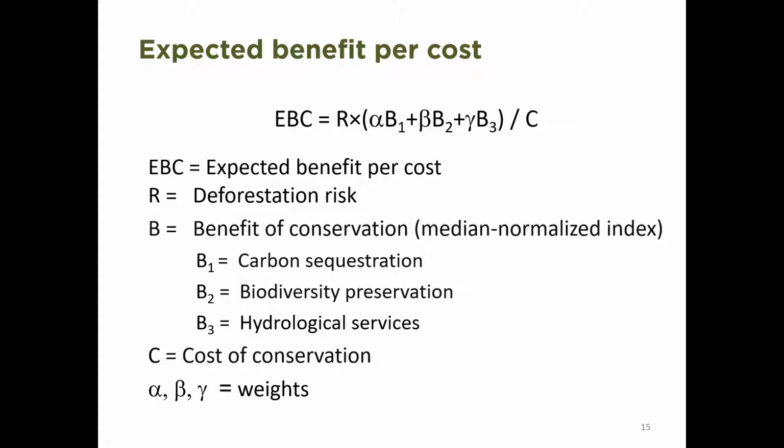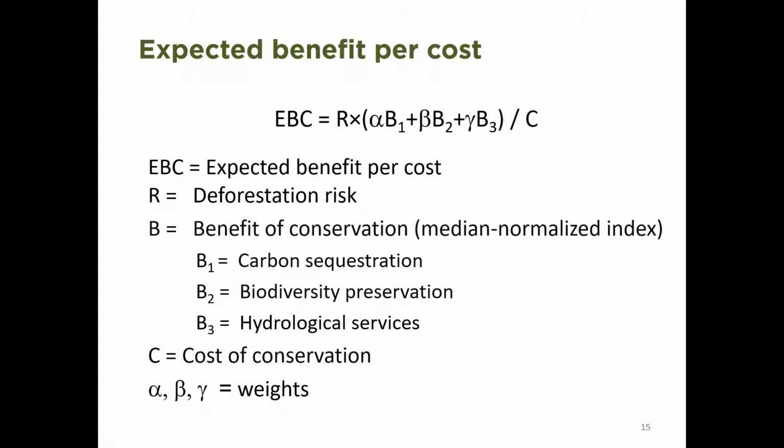We have onboard data that provides for each spatial unit a measure of each of those things. Alpha, beta, and gamma are weights. Those measures are weighted, and the weights depend on the user's preferences. So the user determines alpha, beta, and gamma, and I'll show you how that's done when I demonstrate the tool in a minute.